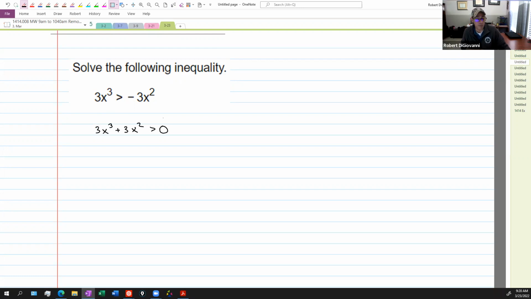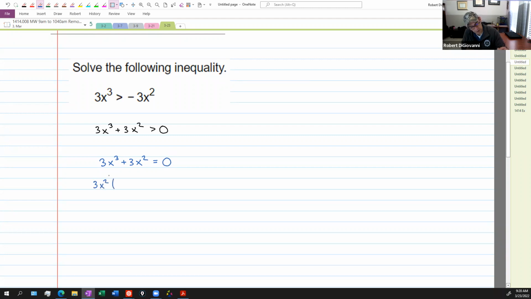First thing I'll do is solve it as an equation. So I'm going to do that in blue. I'm going to just rewrite this as an equation and solve. And I realized that the left side is polynomial, so I'm going to factor it. I realize I can pull out a GCF.